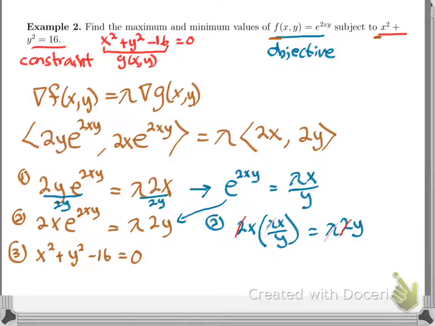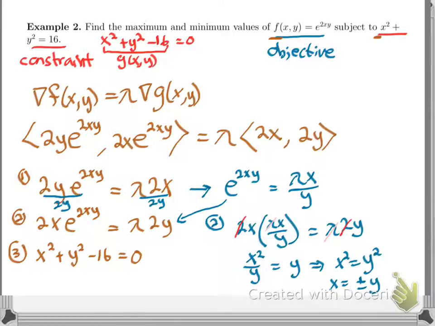Again, just to simplify what we've got. So then I end up with x squared divided by y equals y. Now if I multiply both sides by y, that gives me x squared equals y squared. When I take the square root, I end up with x equals plus or minus y.